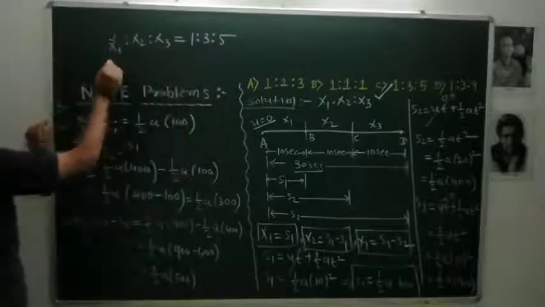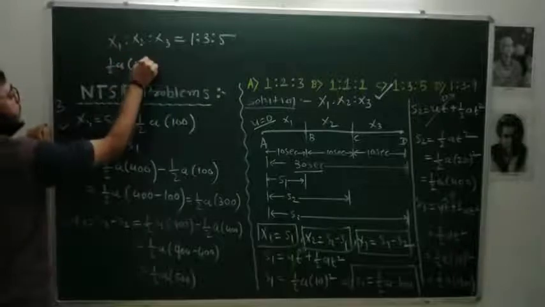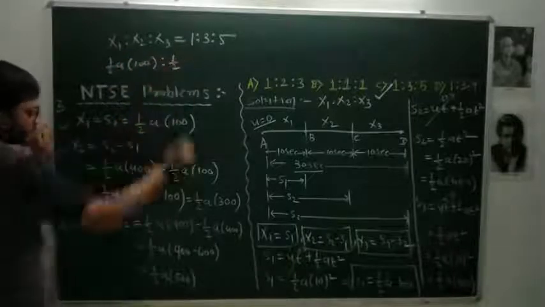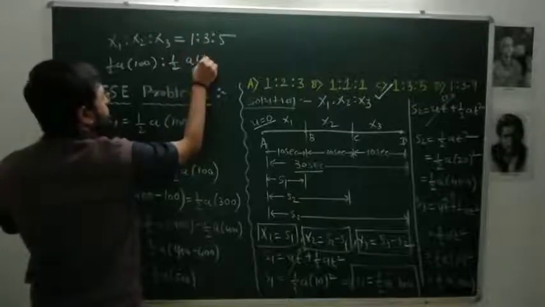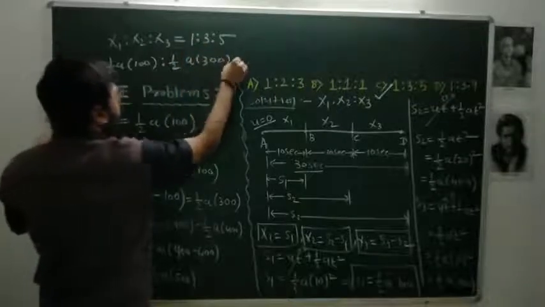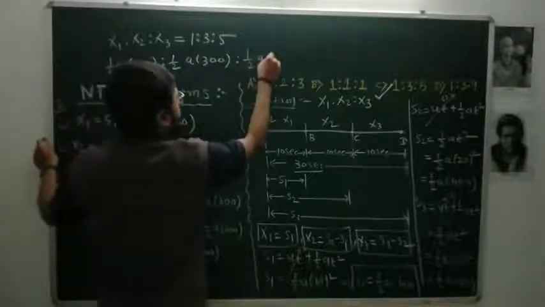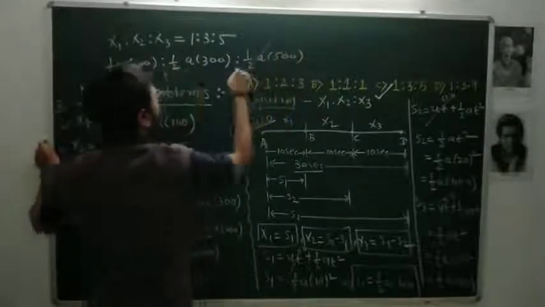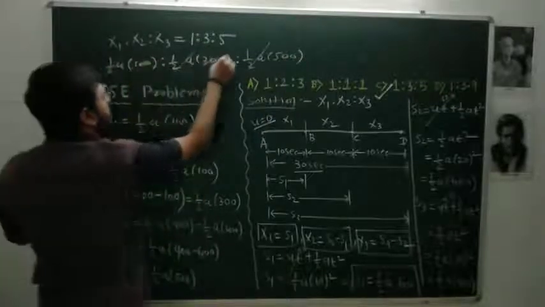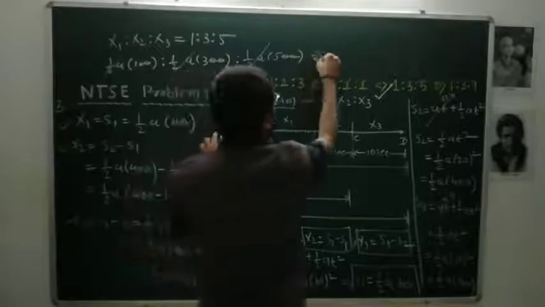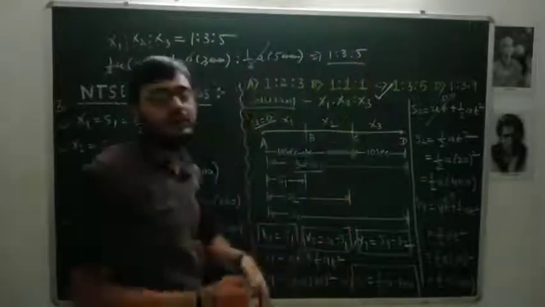Because x1 is half A times 100, x2 is half A times 300, and x3 is half A times 500. The half A cancels out, and the zeros also cancel out. So we get 1 : 3 : 5 when we take the ratio of x1 : x2 : x3.